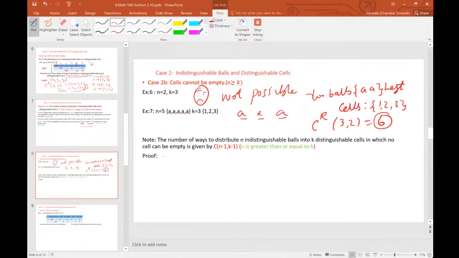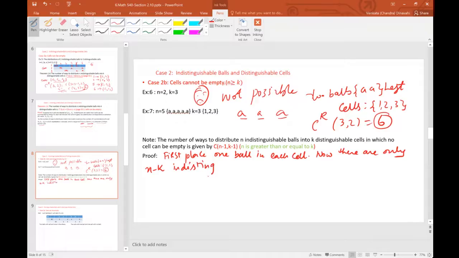This is an extremely informal proof. So first, place 1 ball in each cell. So k balls are taken care of. Now there are only n minus k indistinguishable balls, because k balls out of n balls are already taken care of. Hope you can understand my handwriting here.